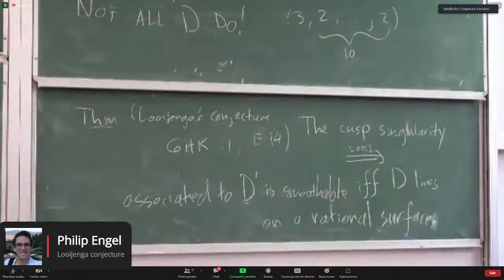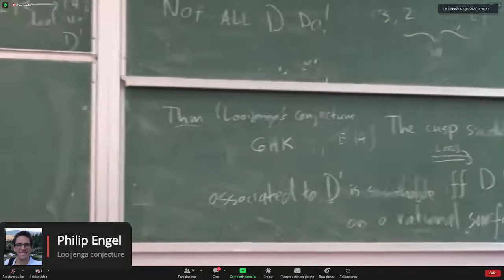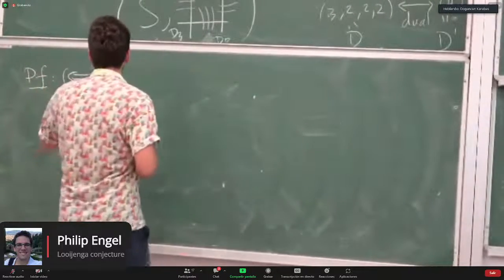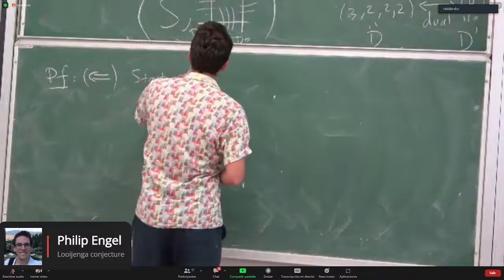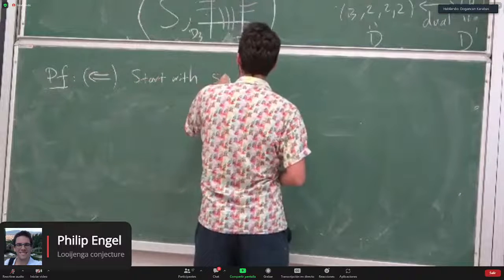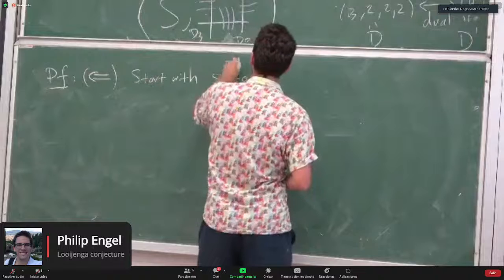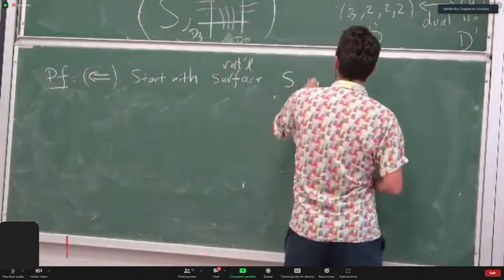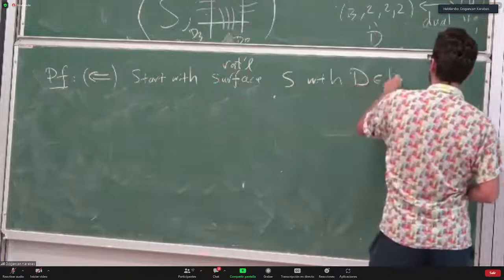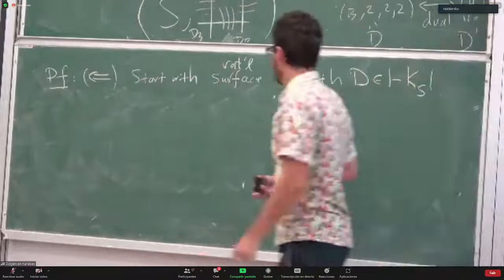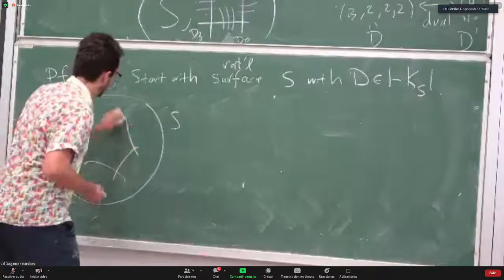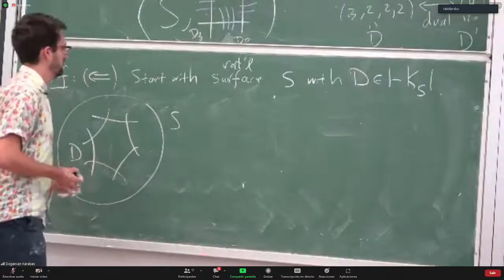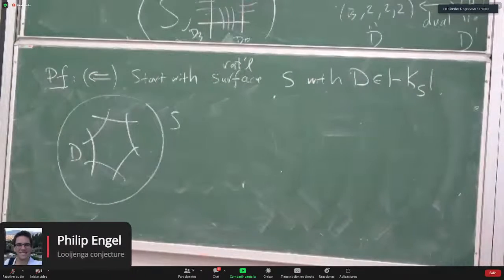Okay, so the proof, which is this reverse direction, is so we must start with a surface, let's say, rational surface S, with D an anti-canonical divisor on S. So here's my picture of S, and then we have our cycle D. Okay, and so we learned from the previous talk that there's always a toric model of this, right?